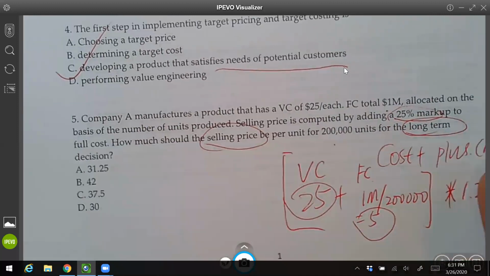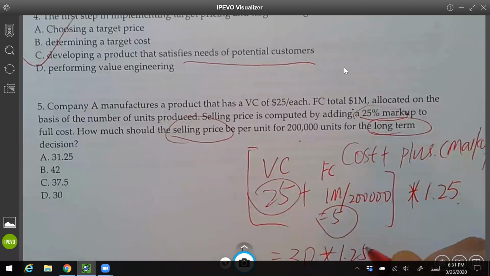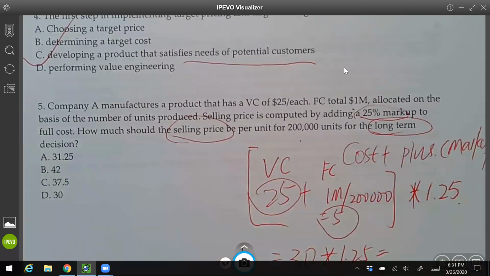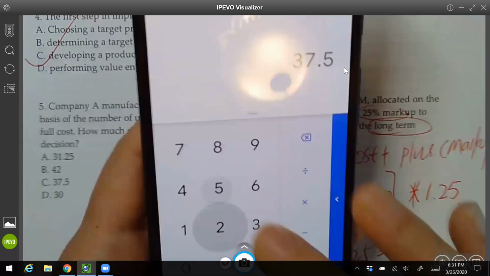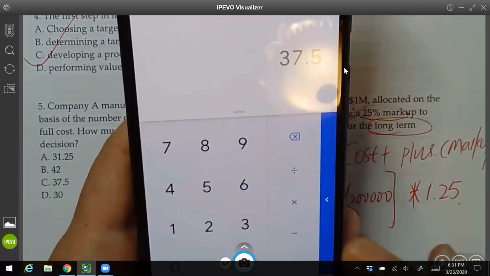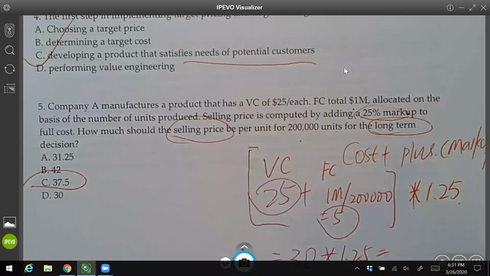So it will be 30 times 1.25. Give me 1 second. I think you already have the solution, but hold on. So 30 times 1.25 gives me 37.5. Oh yeah, got it.